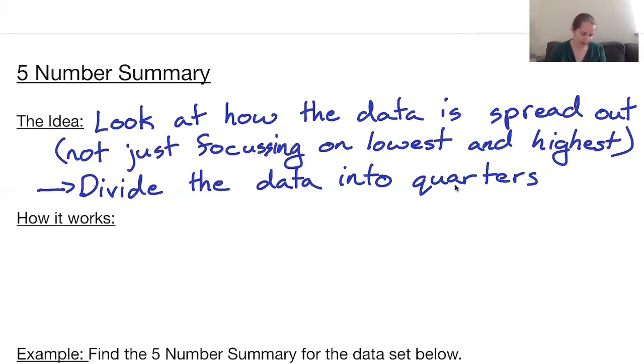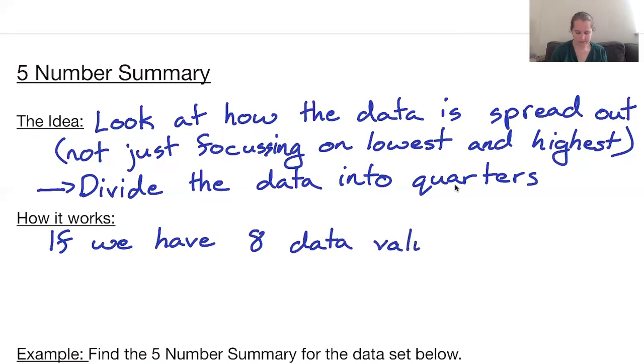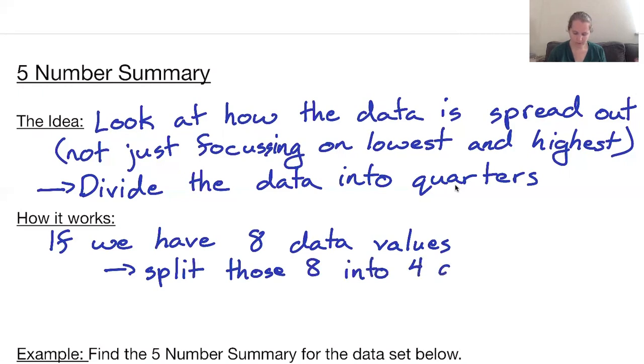So if we have, let's say, 8 data values, then we'll split those 8 into 4 groups of, if we do 8 divided by 4, we get 2.